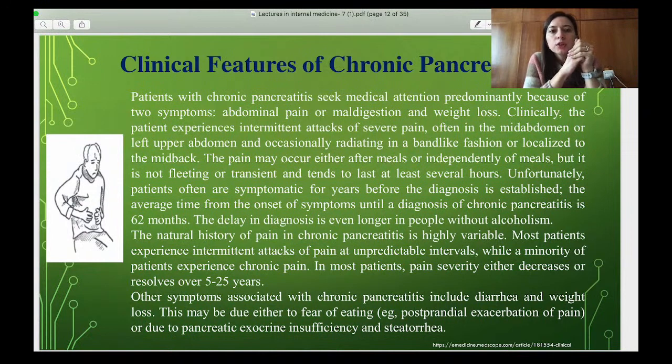Clinically, the patient experiences intermittent attacks of severe pain, often in the mid-abdomen or left upper abdomen, and occasionally radiating in a band-like fashion or localized to the mid-back.